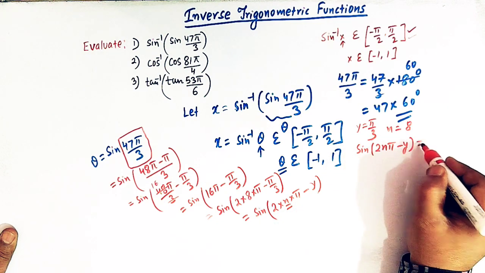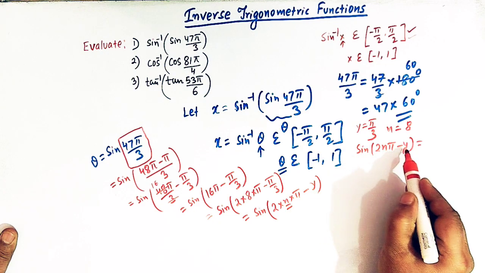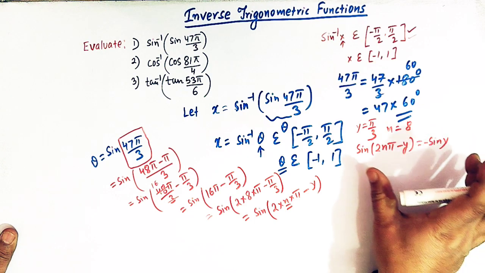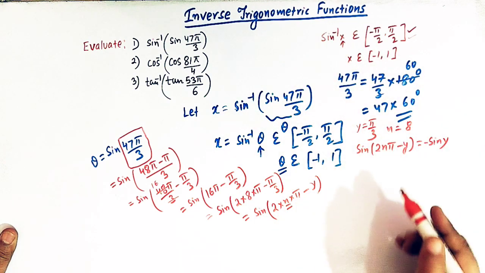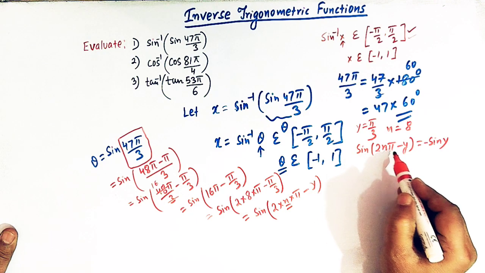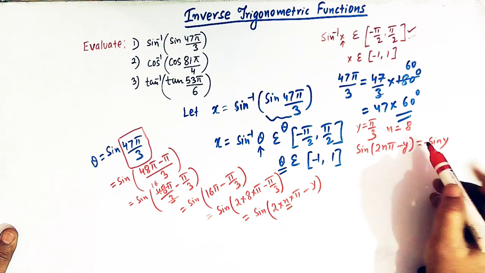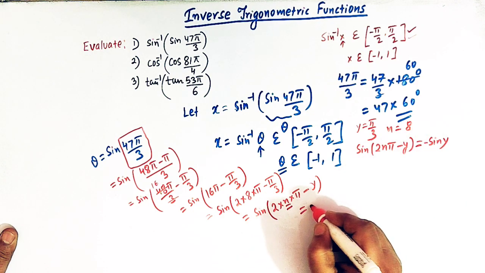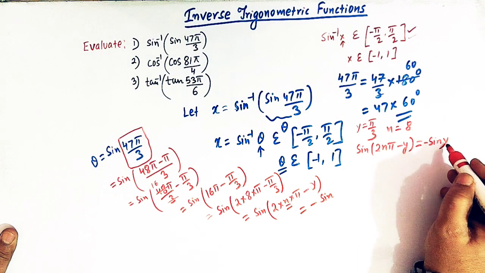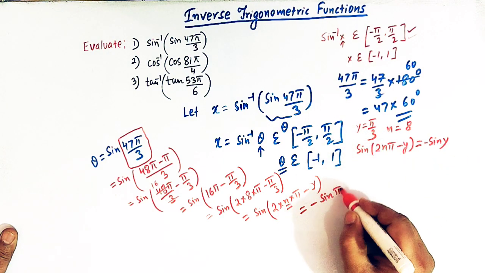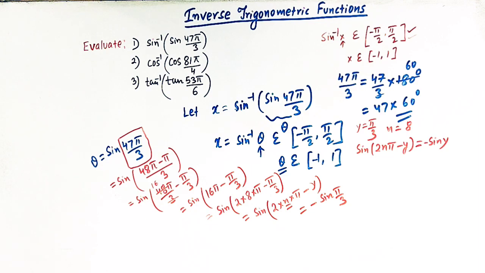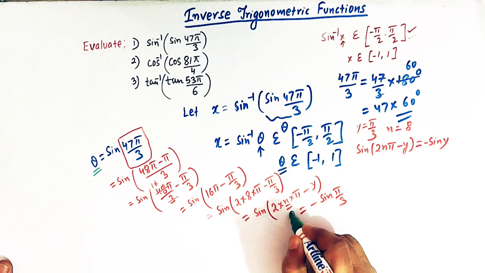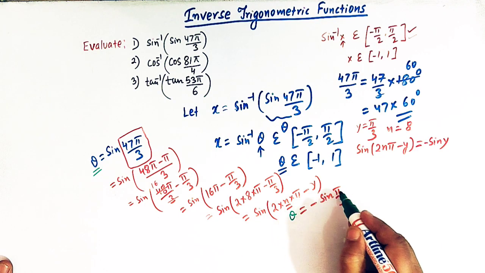The value of sine 2n pi minus y is equal to minus sine y, which is a known formula from trigonometry. So here we have minus sine, with y equal to pi by 3. Now our theta is equal to minus sine pi by 3.